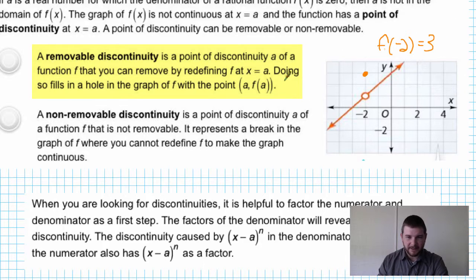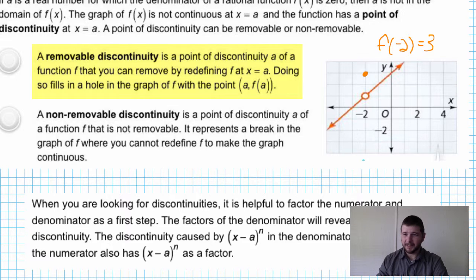Again, to get the most out of this example, it said redefining f at x equals a fills in a hole in the graph of f with the point (a, f of a). So that would be our x value or our input value, and this would be our output value or our y value.